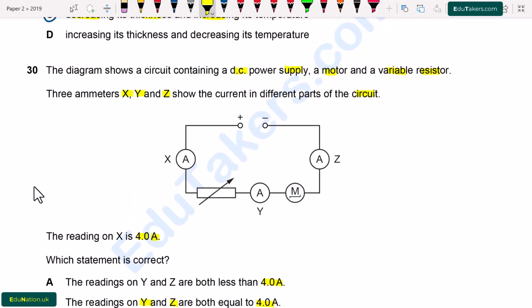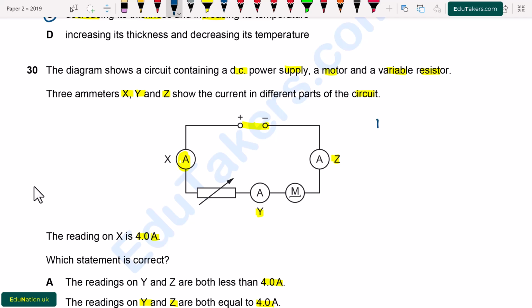First of all, we see the circuit. Here is power supply and three ammeters are shown, X, Y and Z. We can see that all of these ammeters are connected in series, and in the series, the value of the current remains same.